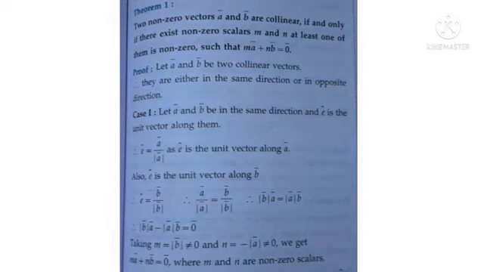See students, two non-zero vectors a bar and b bar are collinear when there exist m and n such that they satisfy this condition, m a bar plus n b bar is equal to 0 bar.